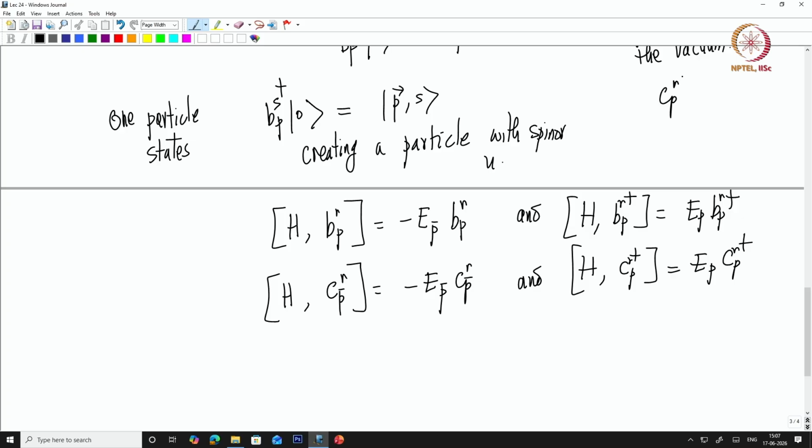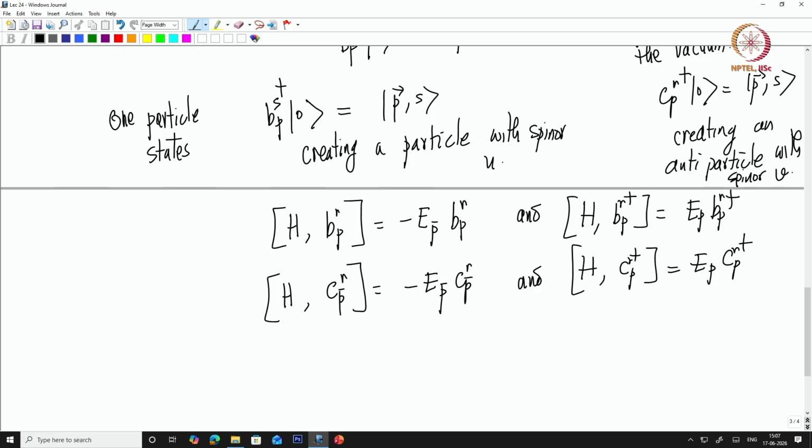So C_p r dagger acting on the vacuum creates a spinor v, essentially creating an antiparticle with spinor v. And the particle state tower and the antiparticle state tower are well behaved.